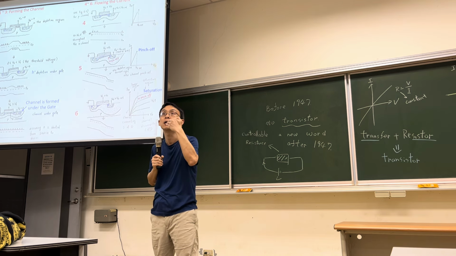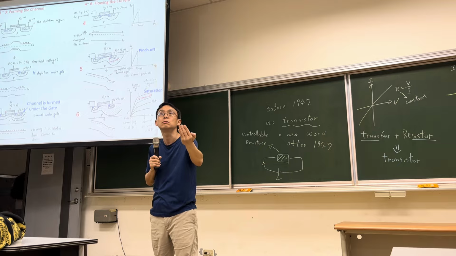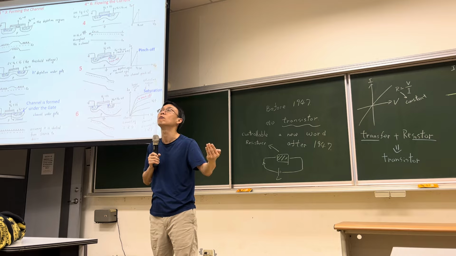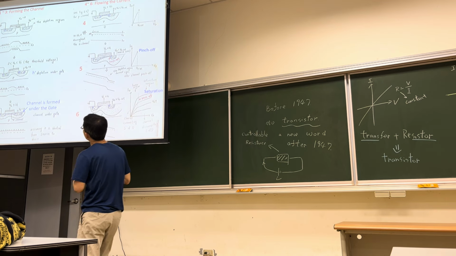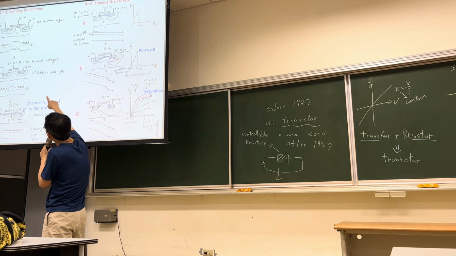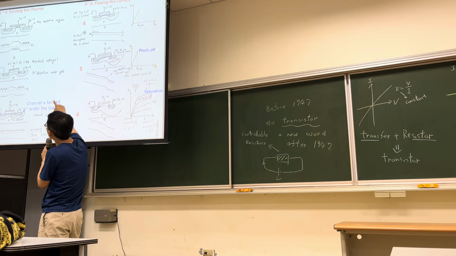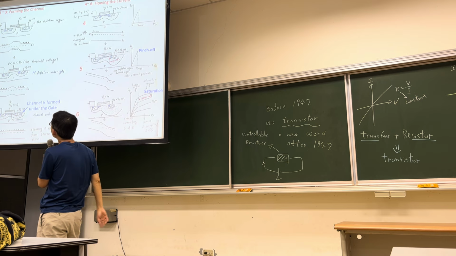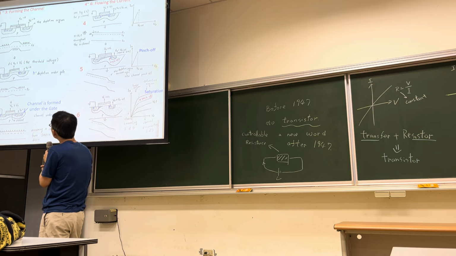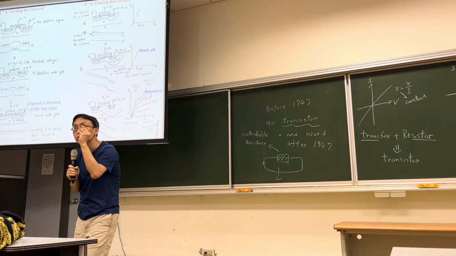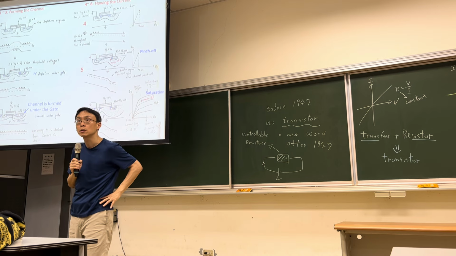你要诱发一个 channel 的通道. So you can see step 1, where you have no voltage applied to the 3 terminals, and step 2, you slightly increase the gate voltage.